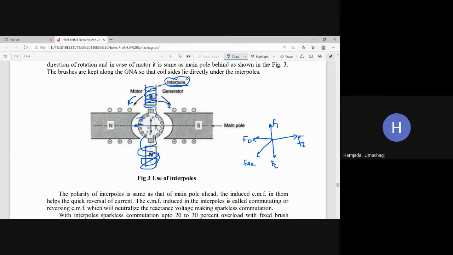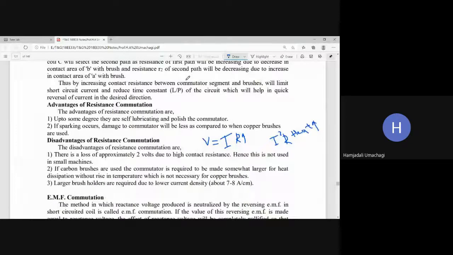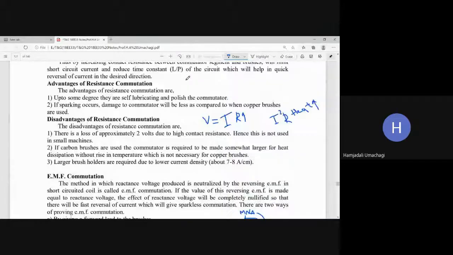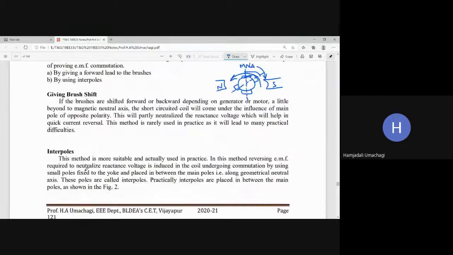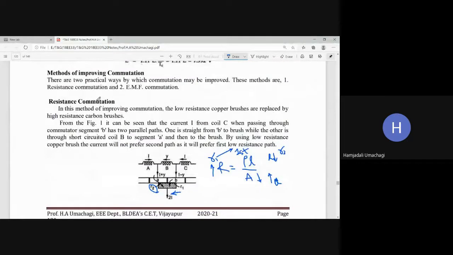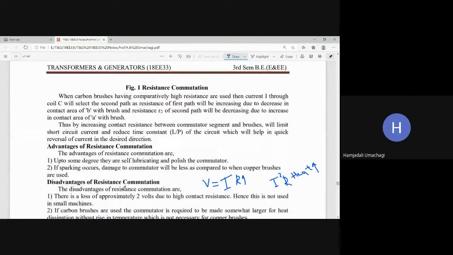So the interpole is not only going to improve the commutation, it is also going to reduce the armature reaction effect. In the examination, you may get a question like, explain the methods for improving commutation. If they ask the general question, then you need to explain resistance commutation with its diagram, followed by advantages and disadvantages.